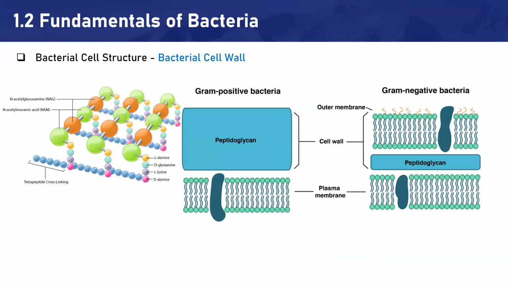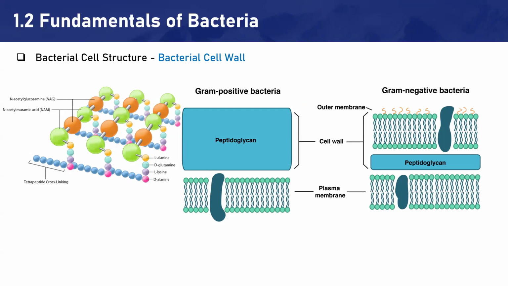For the bacterial cell walls, we usually divide bacteria into two groups, gram-positive bacteria and gram-negative bacteria. The difference between them is basically based on peptidoglycan. Gram-positive bacteria have thick layers of peptidoglycan compared with gram-negative bacteria.